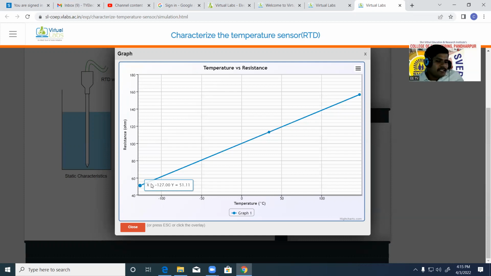So this graph you want to plot for your manual. You can check for different material, calculate the value of RT. We are providing the value of RT by calculation, then also it gives a linear relationship. So this is the static characteristics, temperature versus resistance characteristics.